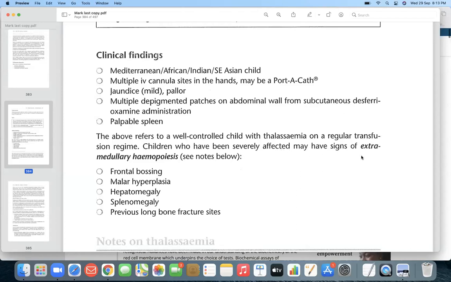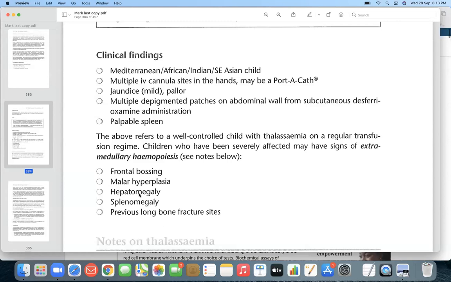Children who have been severely affected may have signs of extramedullary hemopoiesis. These are frontal bossing, malar hyperplasia. In the abdomen, you will check for hepatomegaly, splenomegaly, and also there will be previous long bone fracture sites. So all these are the signs of extramedullary hematopoiesis.